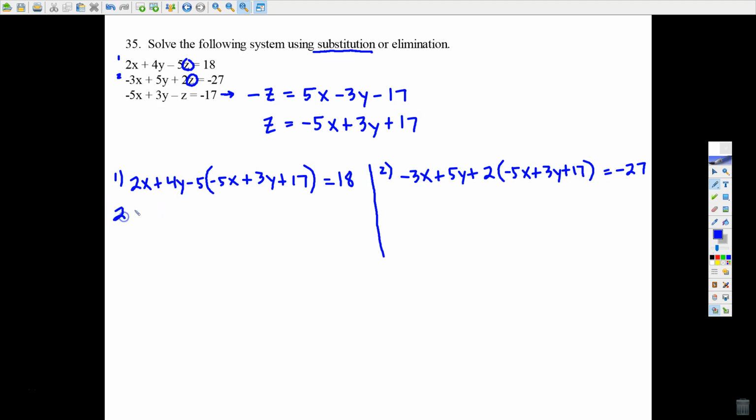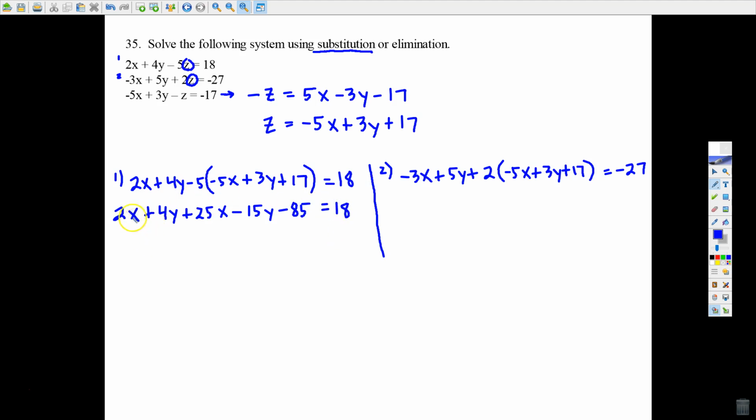So 2x plus 4y, distribute negative 5, that's going to be plus 25x minus 15y, and then if you need to grab your calculator here, negative 15 times negative 5 times 17, that is negative 85 equals 18.